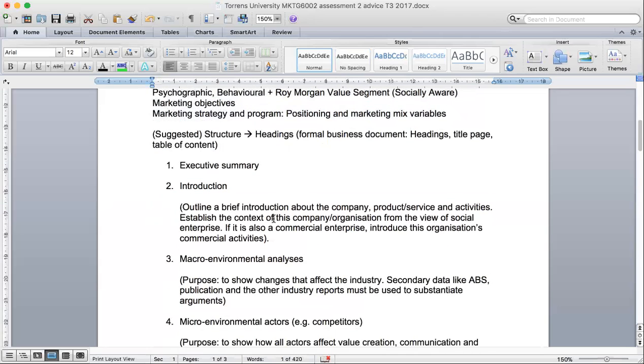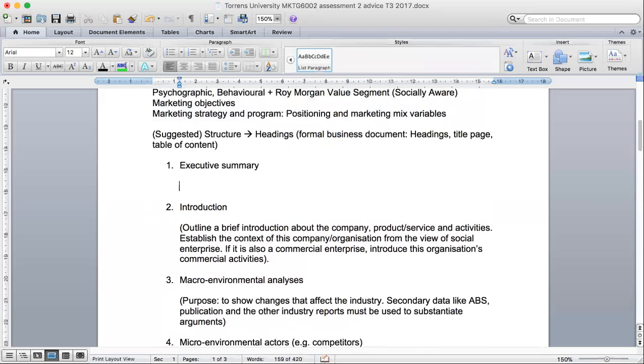Right. Executive summary. Now, what do we do with the executive summary? We complete this section at the last. What does it mean? We need to analyze the other sections first.